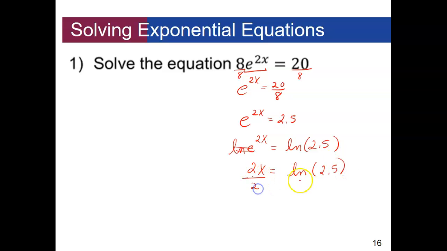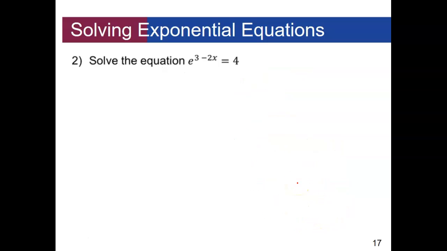Then we're going to divide by 2 to get the x by itself. So we have ln of 2.5 divided by 2, and so this would be our exact answer. Approximations we get from the calculator as a decimal. Exact answers are going to have ln's and logs and exponentials and all these different things left in them.